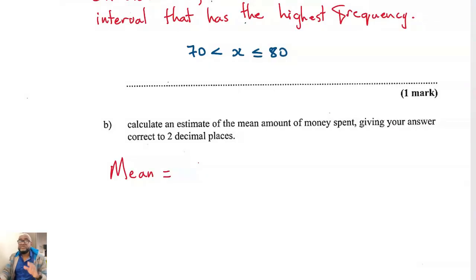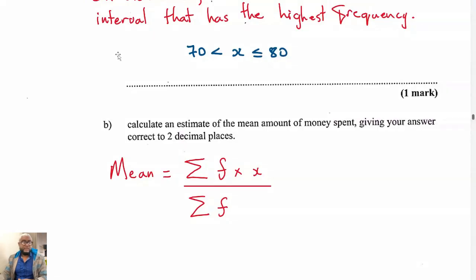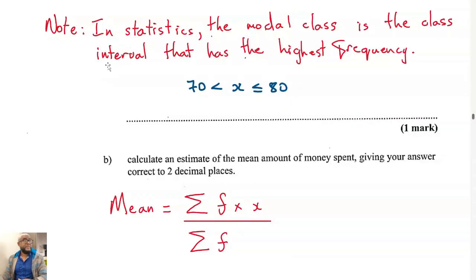So mean is going to be the summation of f, right? The f's would be the frequency multiplied by x, which would be the midpoint. Okay, so the summation of each row f multiplied by x divided by, I'm going to show you all how easy this is, divided by the summation of f, right? This would be my mean.